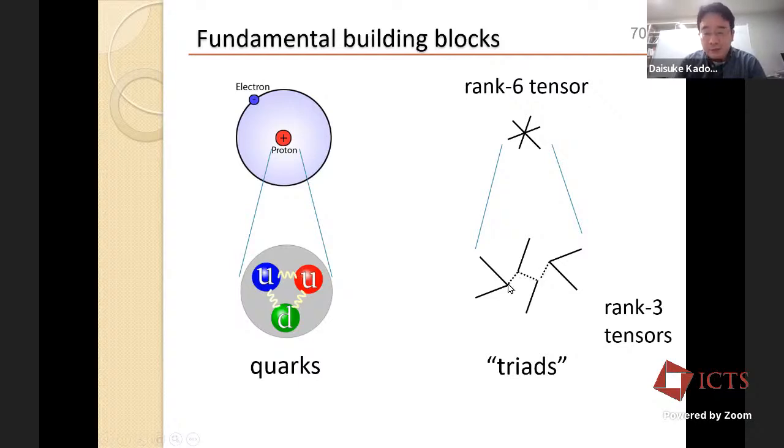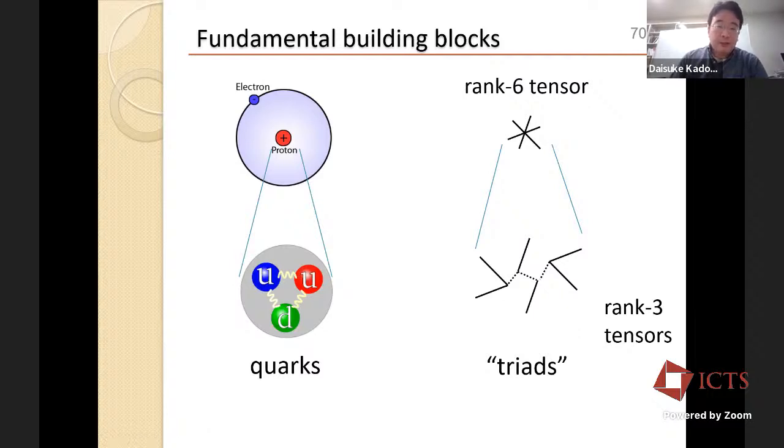Taking the contraction of these internal indices, this network coincides with the rank 6 tensor. So the rank 6 tensor is not a fundamental building block, and this structure is.